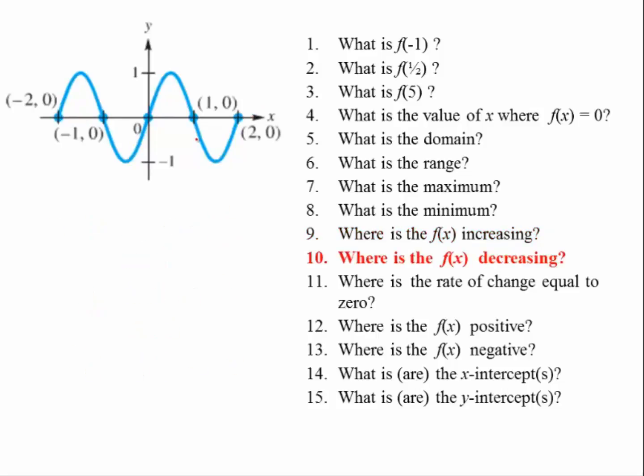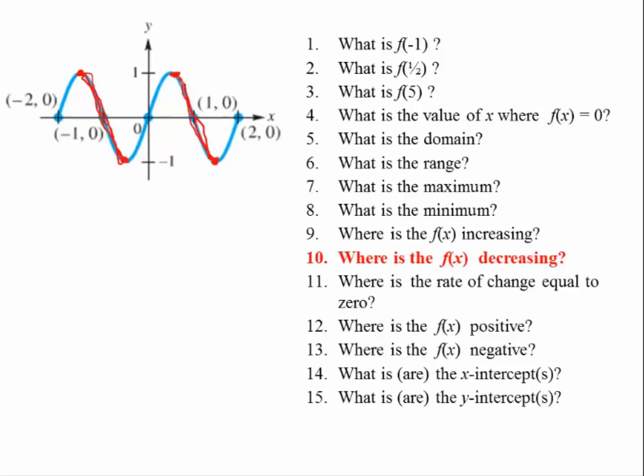Number 10, where is f of x decreasing? Well, from this maximum to this minimum, that's decreasing. That's increasing when we have this minimum to this maximum. That is also decreasing from this maximum to this minimum.